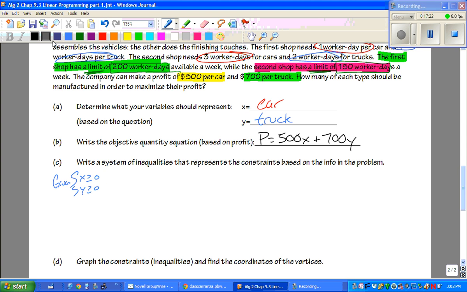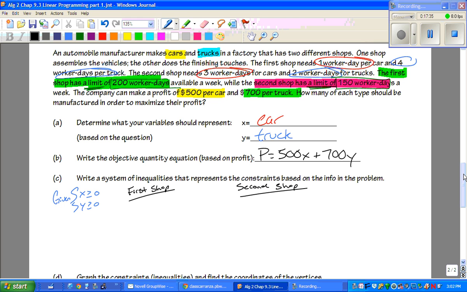You don't have to worry about those ones. But your constraints, you're going to be talking about the first shop and the second shop. See if you guys can use the information to write those inequalities. Okay? Pause the video, and then when you start it back up, I'll show you what they are.